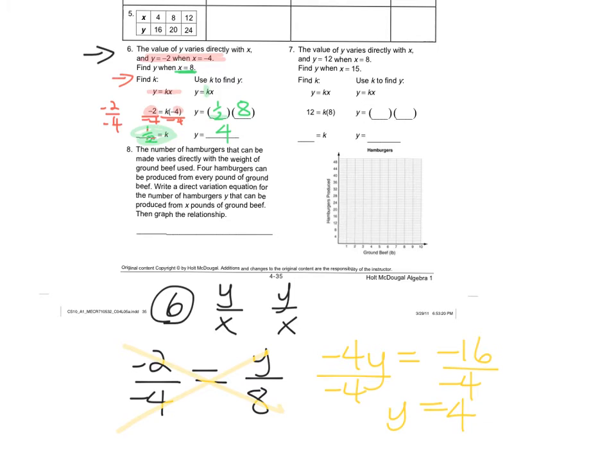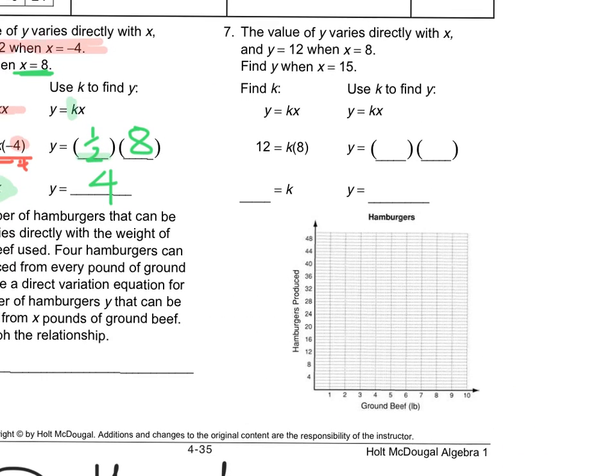All right, let me go back to number 7 and fill in the blanks like they want. So again, they've already set up part of the problem for you. They took the 12 and the 8 and they put it in right here, 12 and 8. I need to solve for K. The way I'm going to do that is divide by 8.